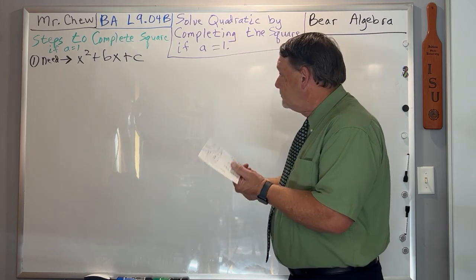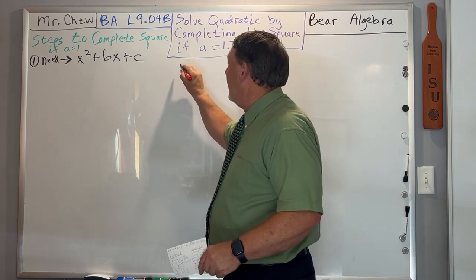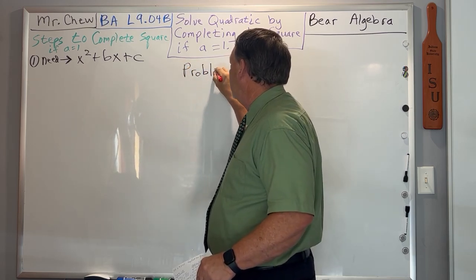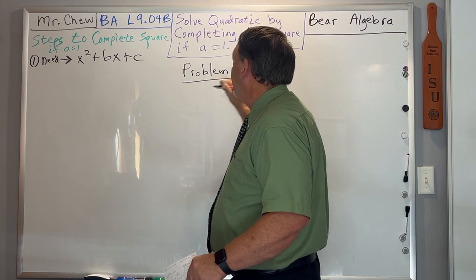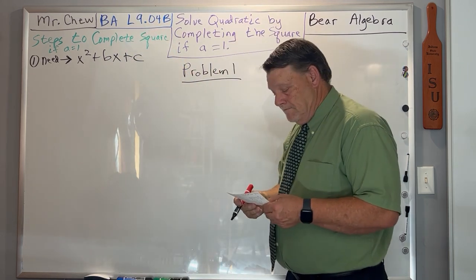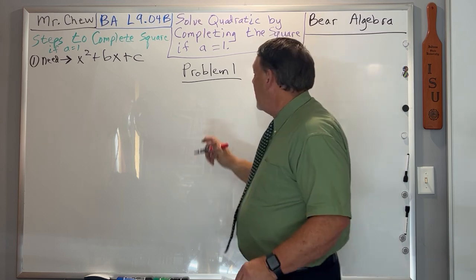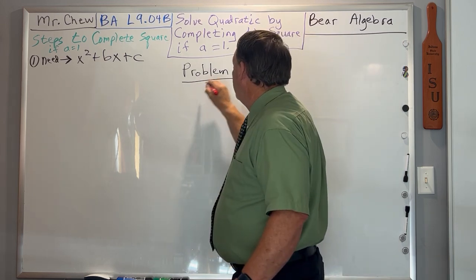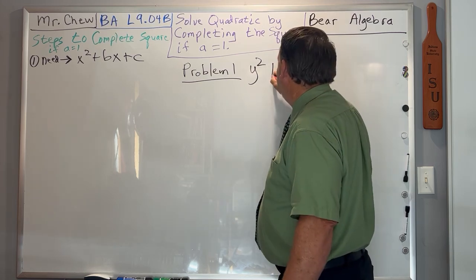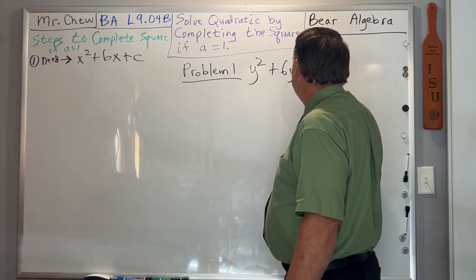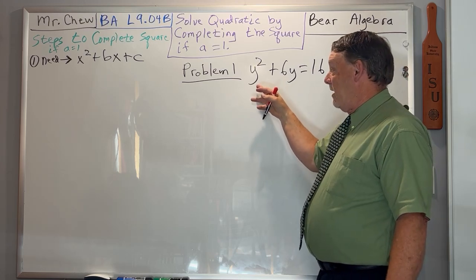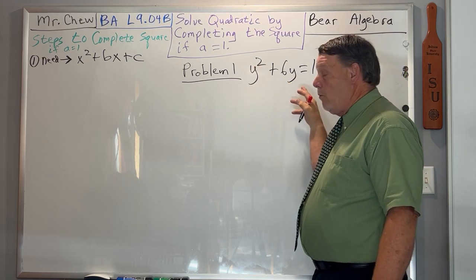So let's take example 1. And I'm just going to call it problem 1. And this is called lesson 9.04B. In problem 1, I have y squared plus 6y equals 16. So do I have a y squared plus by here?